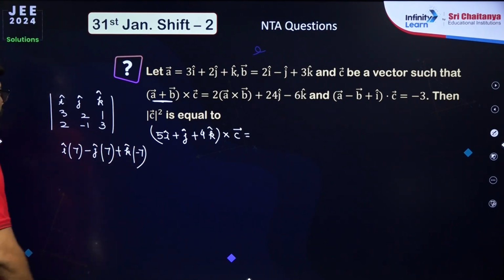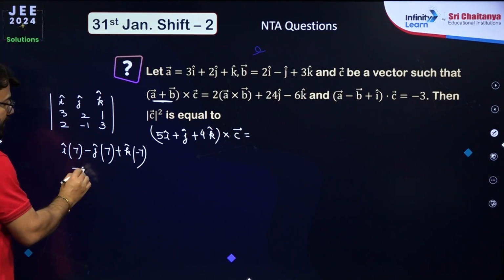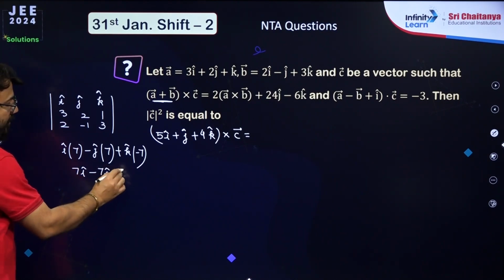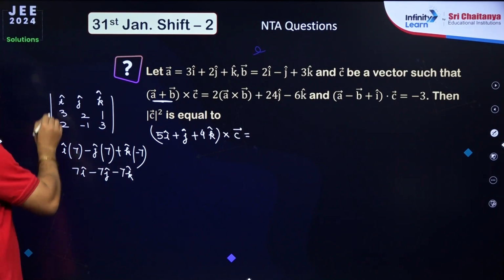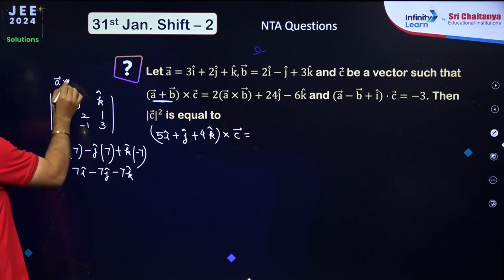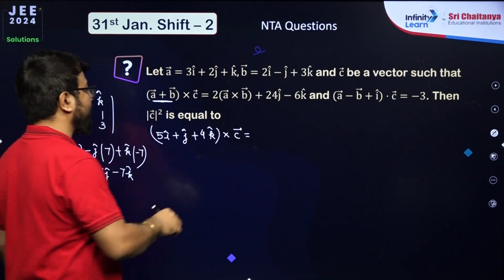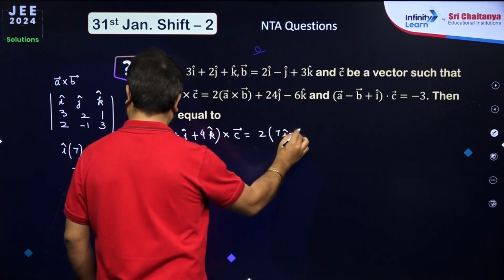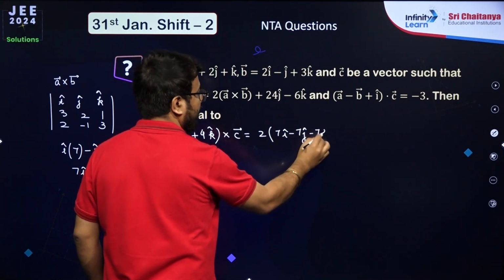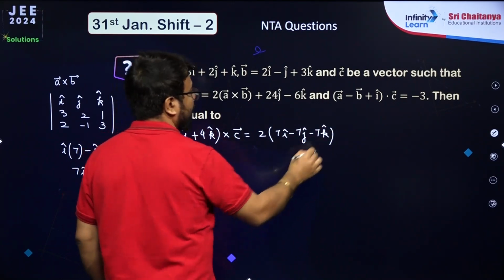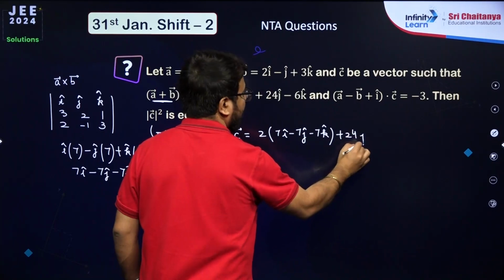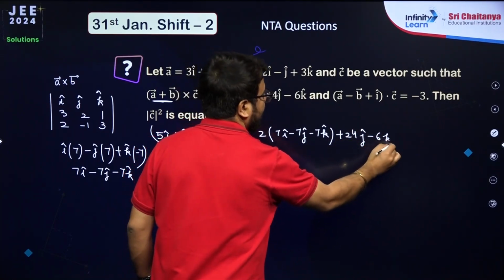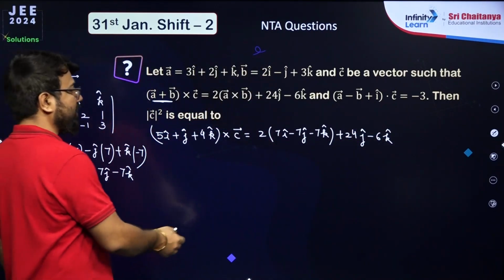So this becomes 7I, 7J and 7K. This is actually a vector cross b vector. So here I am writing 2 times a cross b, so 7I, 7J and 7K. I hope you understood this. Plus 24J minus 6K.